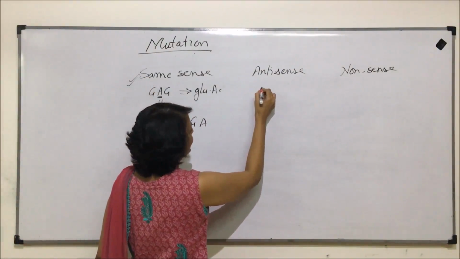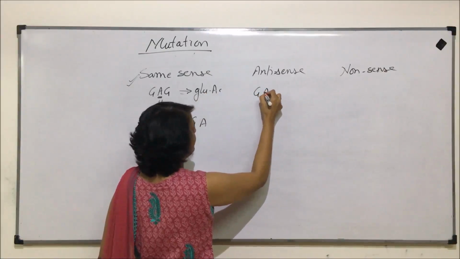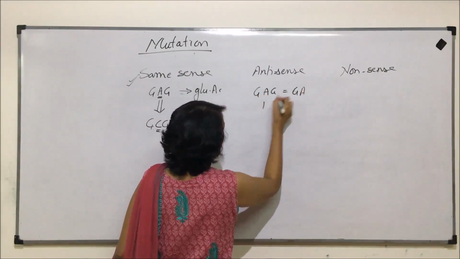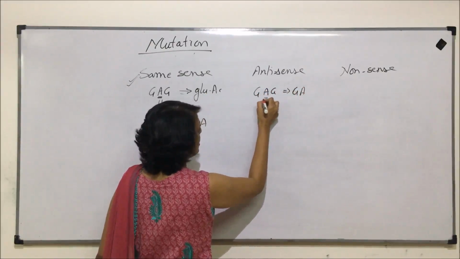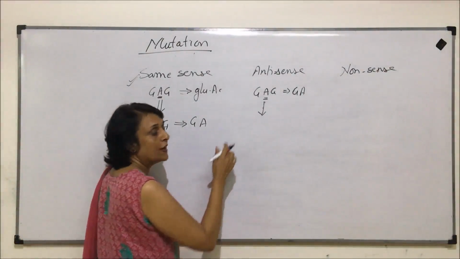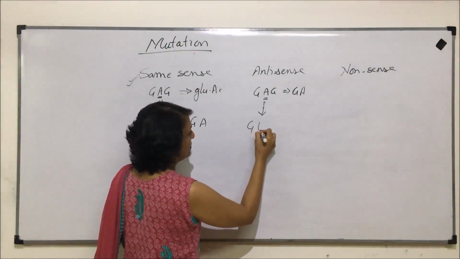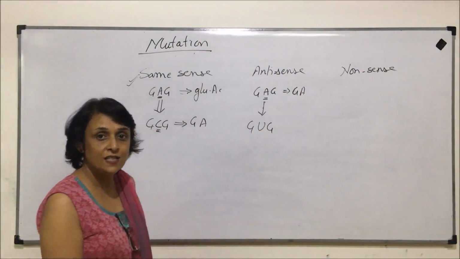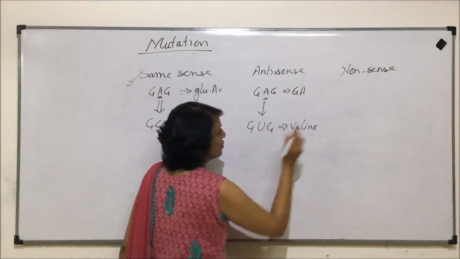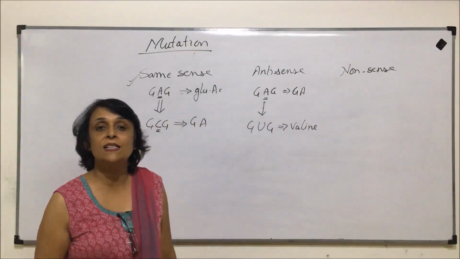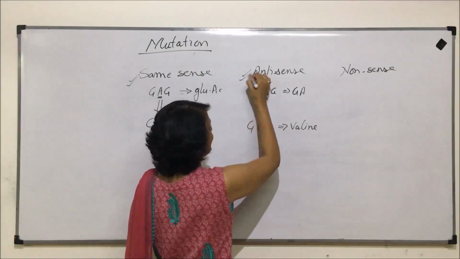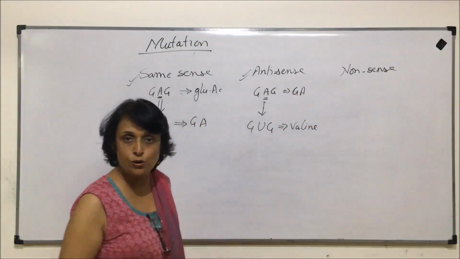Again, in case of anti-sense, let us take the same example, GAG coding for glutamic acid, and when this undergoes mutation, again we are talking of the same position, that is the middle position here. If it becomes GUG, we just now talked about this, this codes for valine. So here there is a different amino acid which gets synthesized. So this is known as anti-sense. That means it makes a different sense altogether.